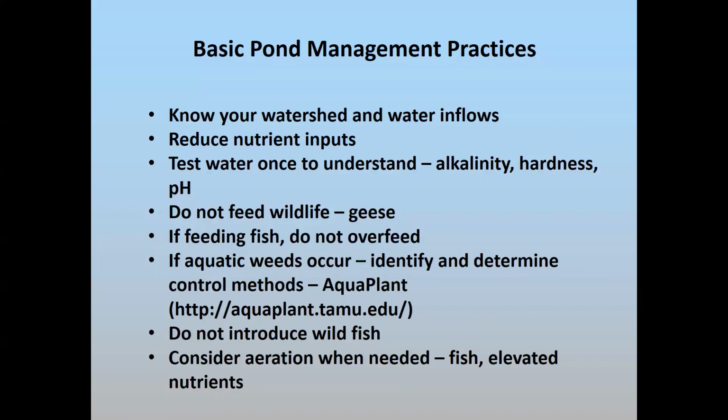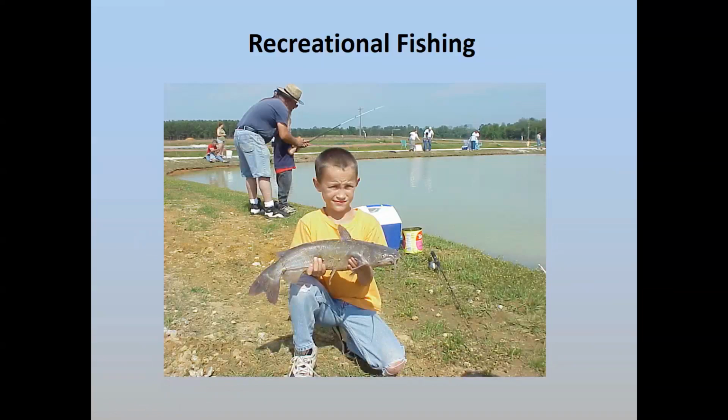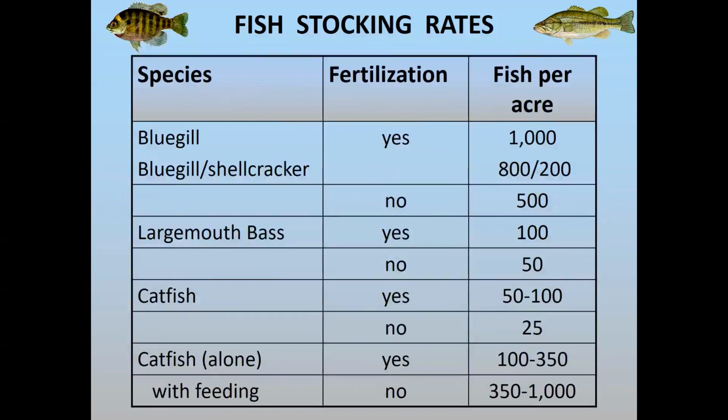So I get this question a lot. If it's a farm pond, for example, hey, we'd like to use it for recreational fishing. What can we do? And so there, you can stock a pond. You just have to understand that there are limitations here, and dependent upon all the desired uses of your pond, these numbers are just a guide.